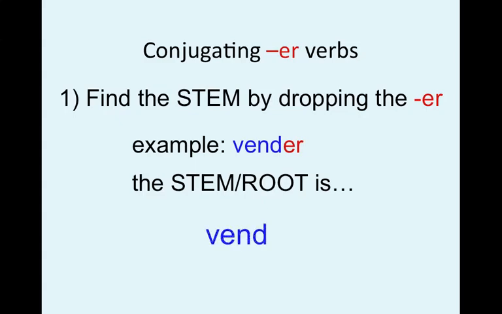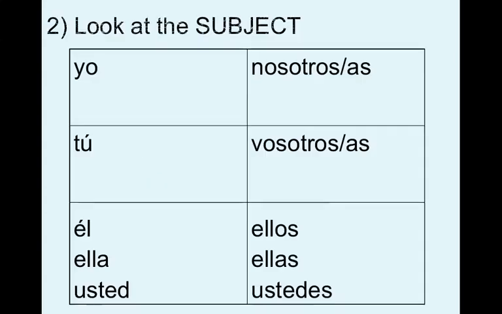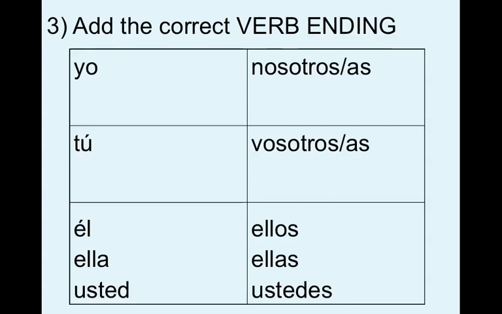And remember that in the stem or root is the meaning of the verb. What do we do next? We chop the ending. Next, we look at the subject. So here's our regular double-crossed chart. And we have our subjects, first on the left-hand side singulars, right-hand side plurals, and then you know what comes next? We add the correct verb ending, and here are the endings.